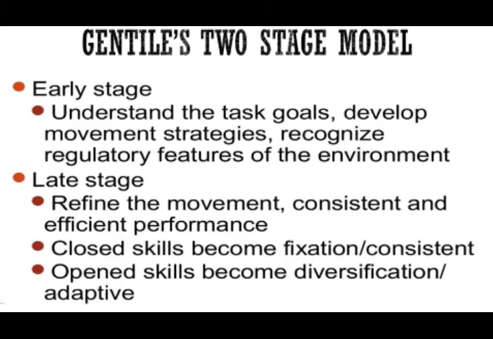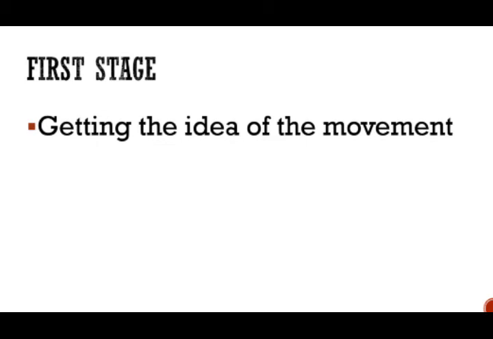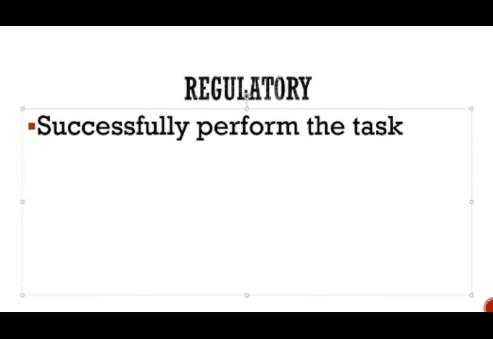Gentile's two-stage model emphasizes the goal of the learner and the influence of task and environmental characteristics on obtaining that goal. So the first stage is getting the idea of the movement. The learner tries to develop an understanding of the movement requirements, and learners also must discriminate between regulatory and non-regulatory conditions. So the regulatory conditions are the environmental conditions necessary to successfully perform the task.